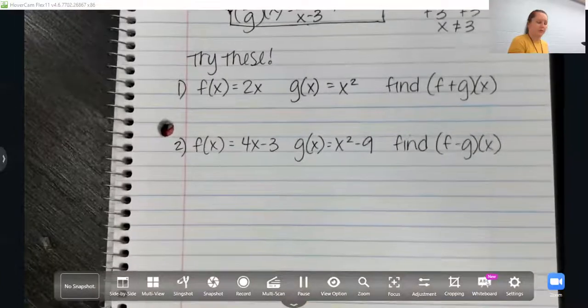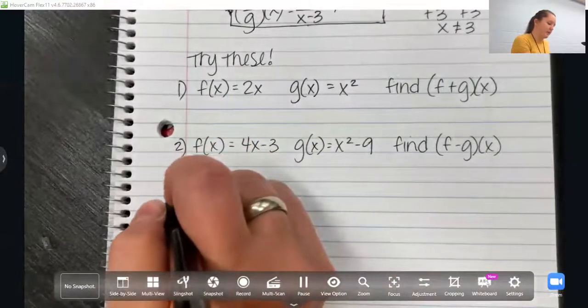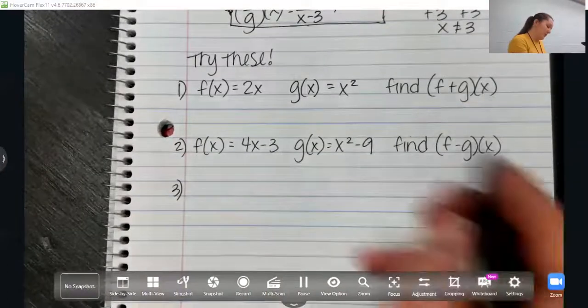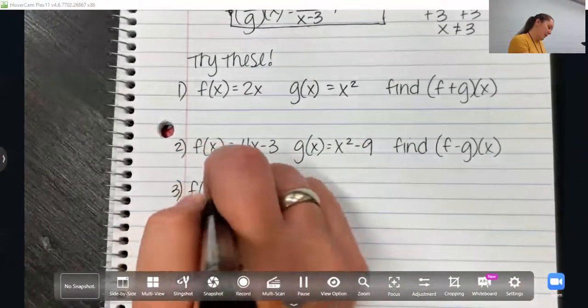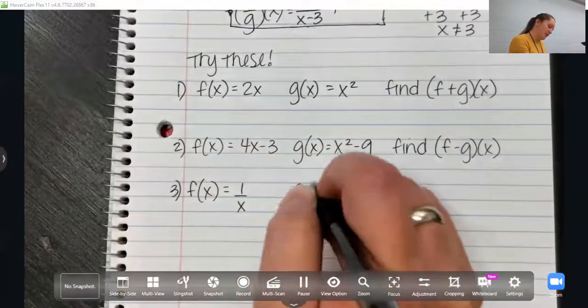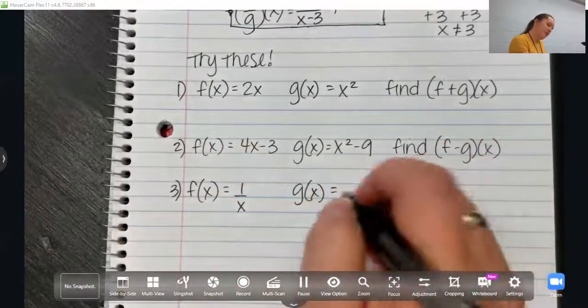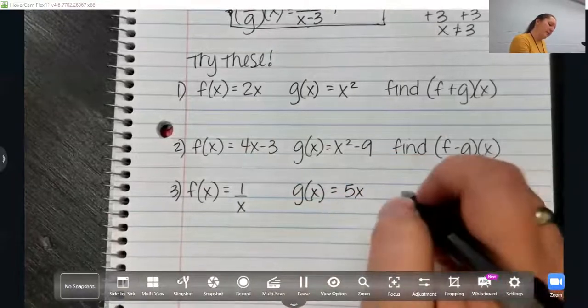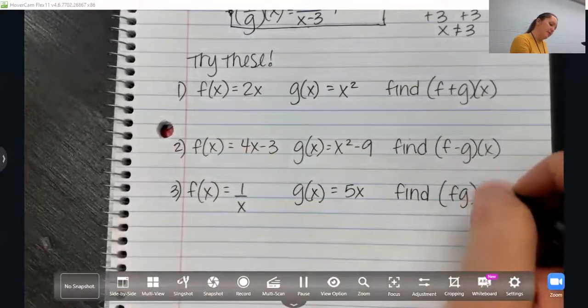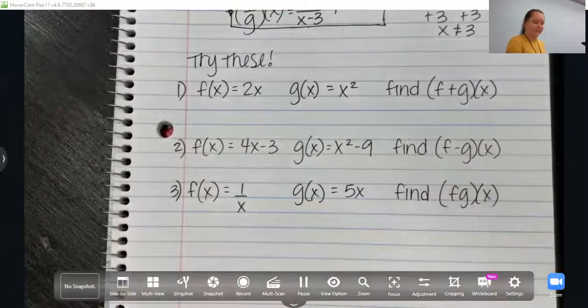Okay, so I'll give you a couple of spaces to work that out. If you want to pause it and look over those, you can. Here's your next one: f of x equals 1 divided by x, and g of x equals 5x. Find f times g of x, okay?